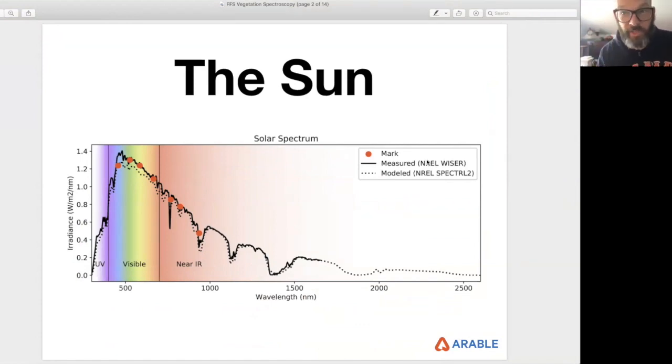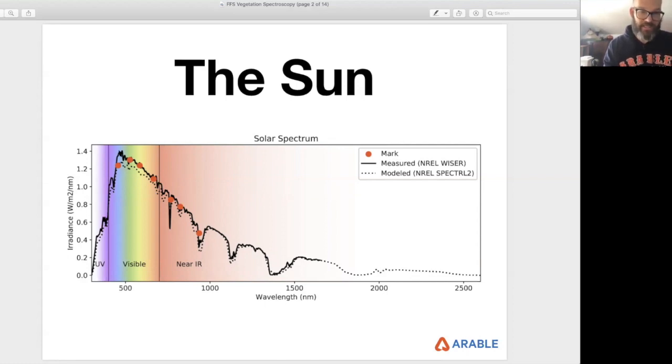There's 2 NRELs in Colorado, which causes me no end of confusion. And so we're measuring with these 1, 2, 3, 4, 5, 6, 7 bands. At that time we had 7 bands. And you could see that most of them are in this visible and a little bit in this near infrared region.